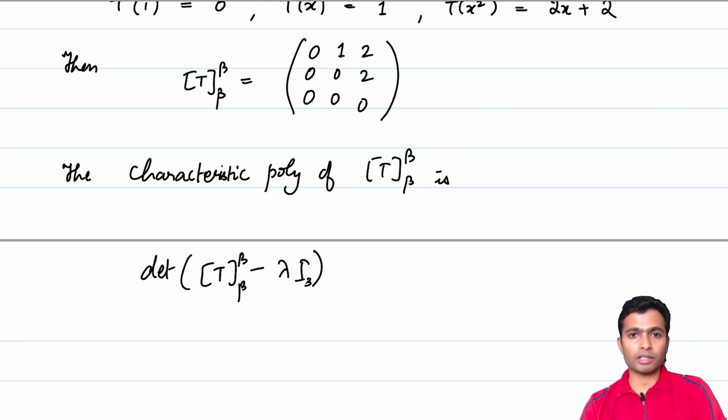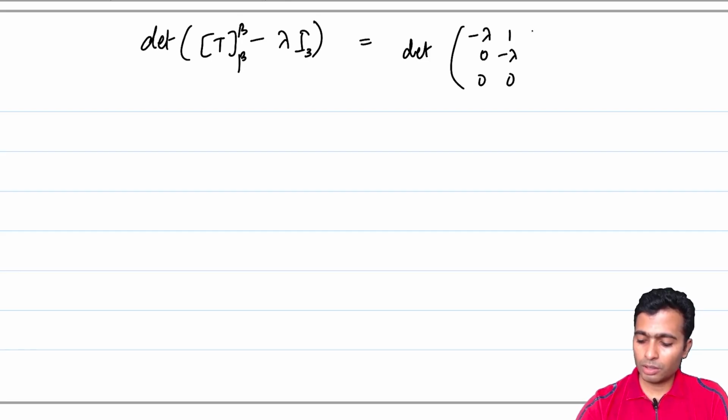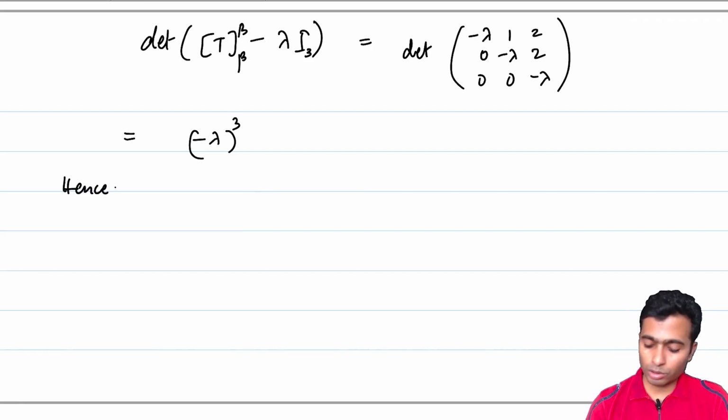So this is a 3 cross 3 identity matrix, and we'll be able to write this easily as the determinant of the matrix with rows minus lambda, 0, 0; 1, minus lambda, 0; 2, 2, minus lambda, which is nothing but minus lambda to the power 3. And therefore, the root of the characteristic polynomial is just 0.